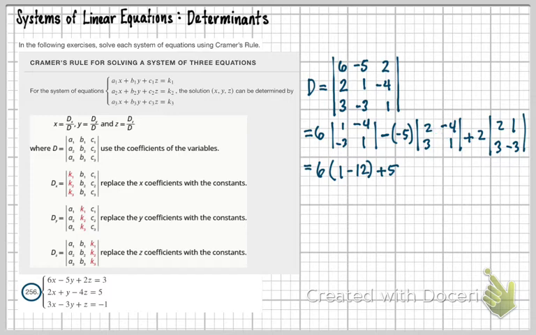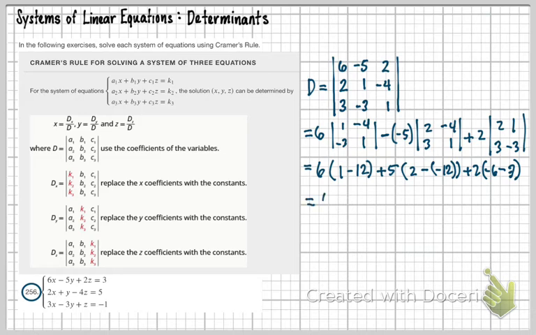And then that's going to end up being 2 minus, and that's going to end up being a -12. Okay, and that's the second one. Now for the third one, it's going to be +2 times -6 minus +3. So there it is. Now I can clean this all up here.